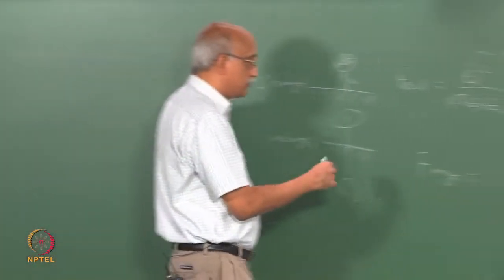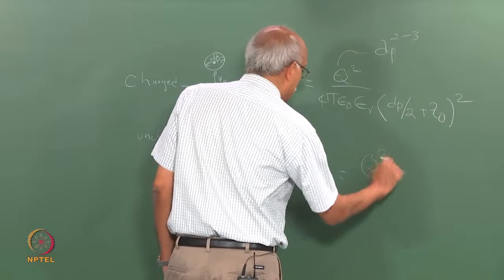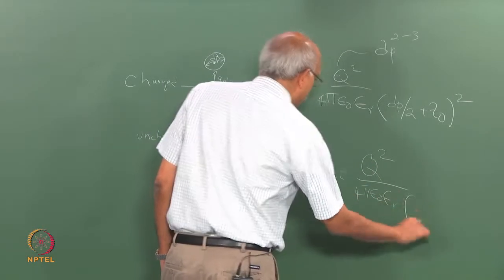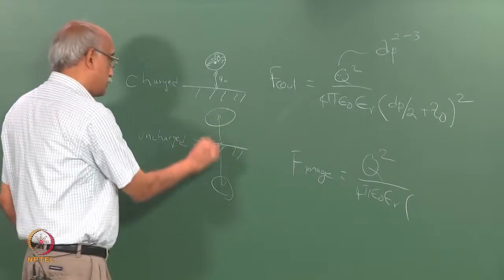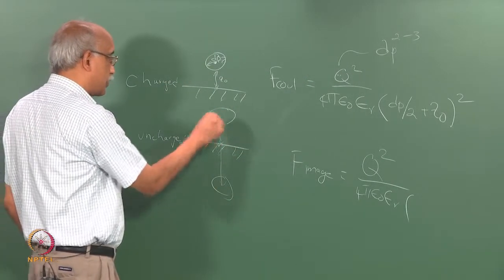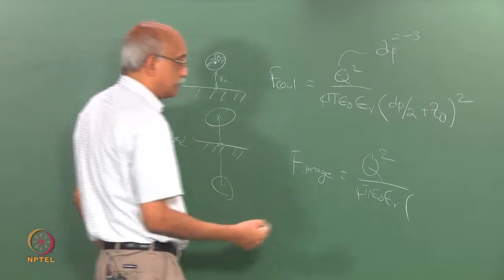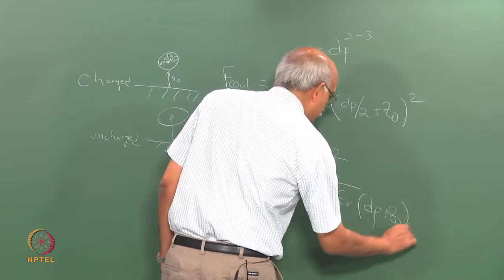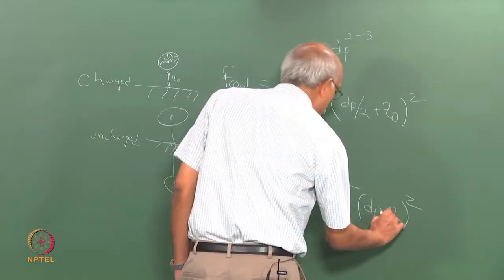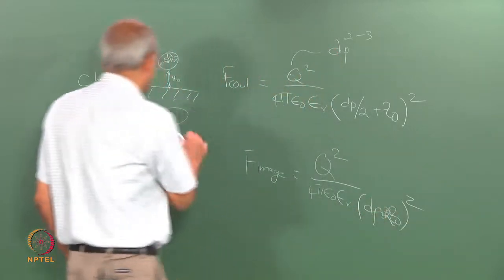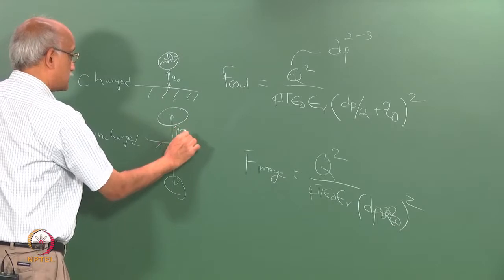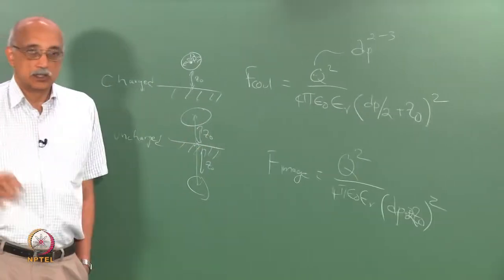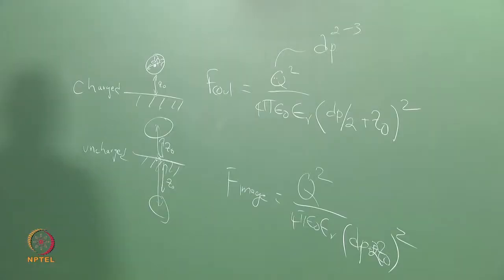and the image force then is again given by q squared by 4 pi epsilon 0 epsilon r, but now the distance of separation between the two charges is twice what it was in the earlier case. So, it is actually (dp plus 2z0) the whole squared, because this is z0, then this image will also be set up at the same distance z0 inside your surface.